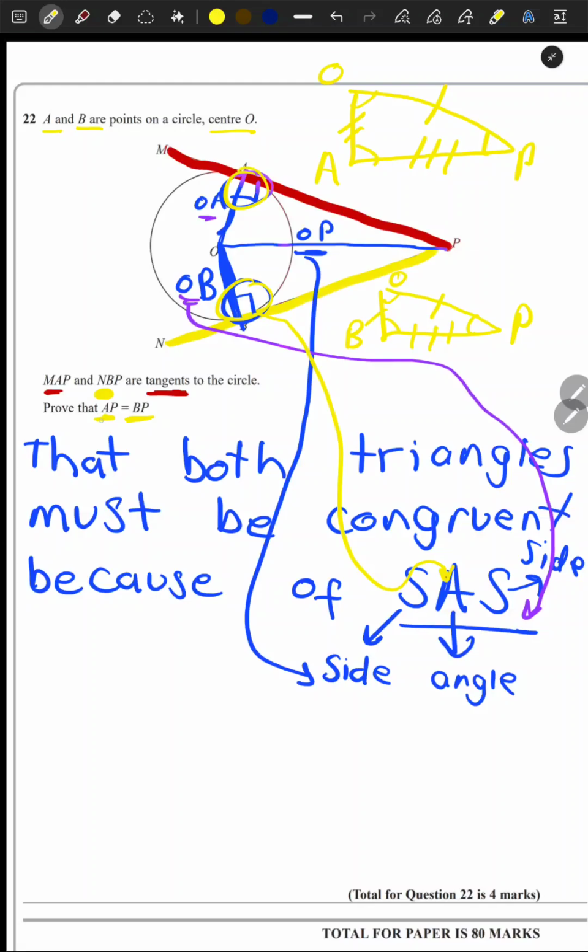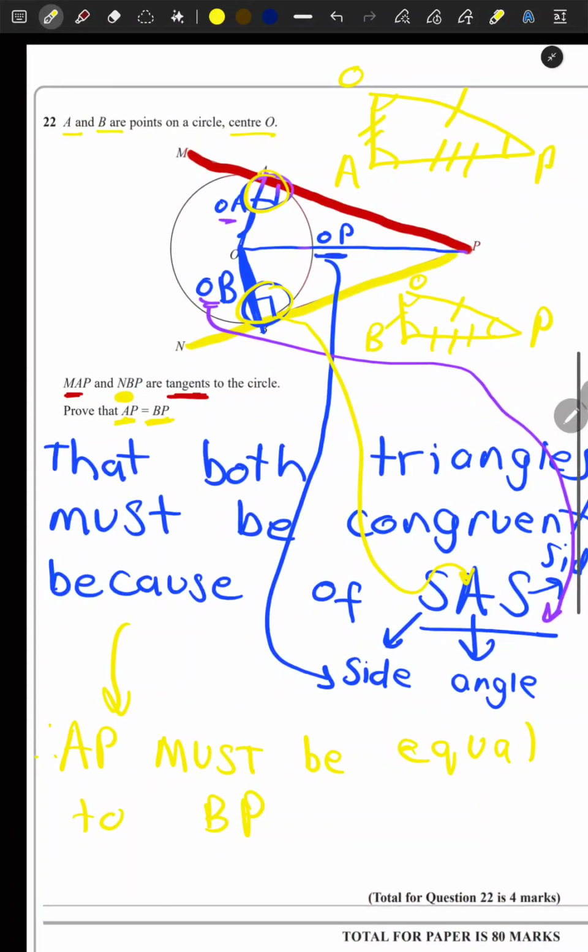So this can help us prove that AP equals BP, because if they're the exact same triangles, one of the rules of congruency is that all the sides must be of equal length. Therefore, as both triangles are congruent, AP must be equal to BP. Again, why is this? Because both triangles are congruent, all the angles are the same size and, more importantly, all the sides are of equal length.